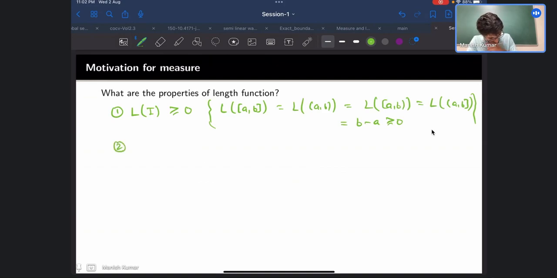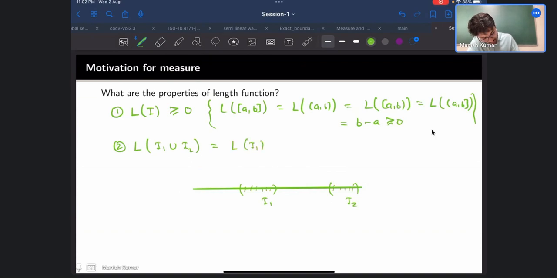The second thing, as I mentioned earlier as well, is that suppose you have two intervals I1 and I2. Obviously the length of I1 union I2 is equal to the sum of the lengths, so it is the length of I1 plus the length of I2.